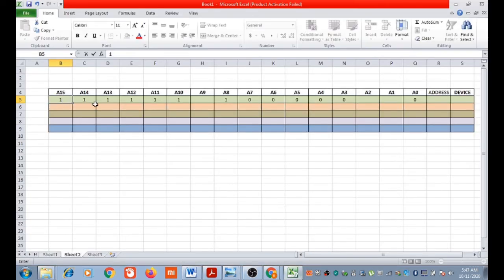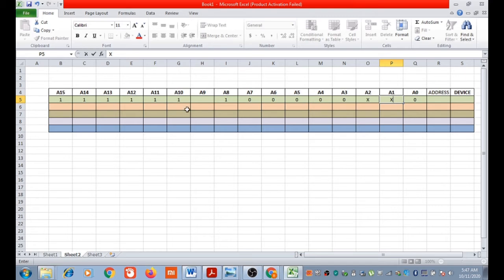So if this combination appears on the address lines, the device 8259A number 1 will be selected. Okay, A2 and A1 are not considered. Let us think they are don't care.